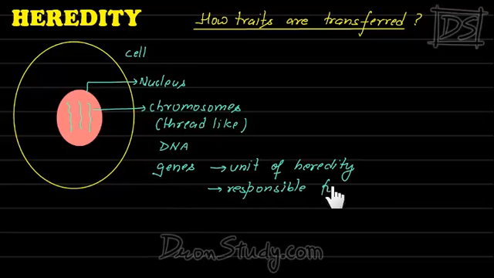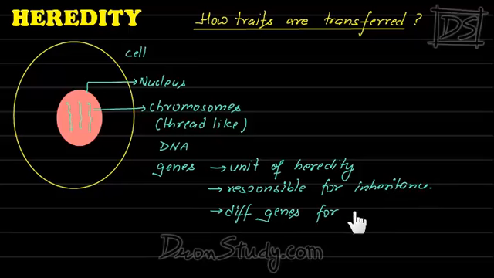Genes are responsible for inheritance. We have different genes for different traits. An organism can have different traits, different properties. Now these different properties are decided by the genes.